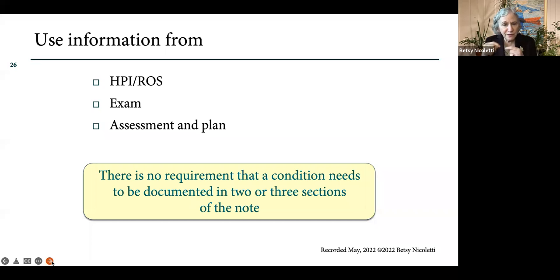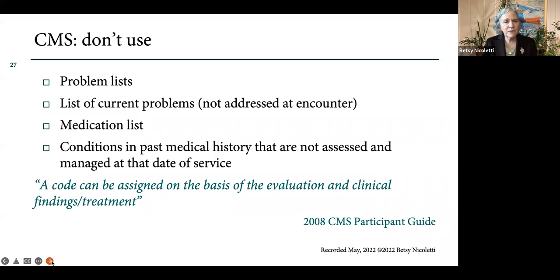So the diabetes affects the care of the poison ivy. I forgot what we were treating. So when we get down to the assessment and plan, the clinician can select poison ivy first and then diabetes. There's no requirement that a condition needs to be documented in 2 or 3 sections of the note.